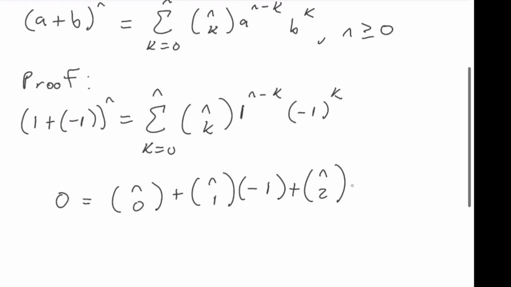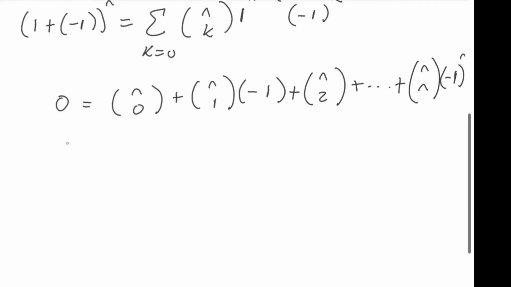Negative 1 squared is 1. So we're good here. Plus, dot, dot, dot. And then plus, so it's going to be n choose n for our last term. And 1 to the n minus n is 1 to the 0, which is 1. And then it's going to be negative 1 to the n, right?